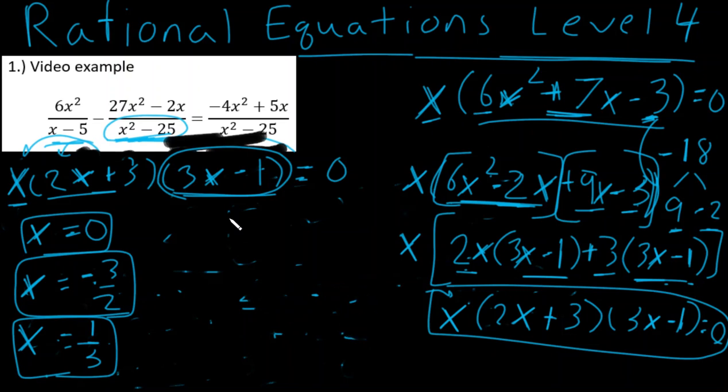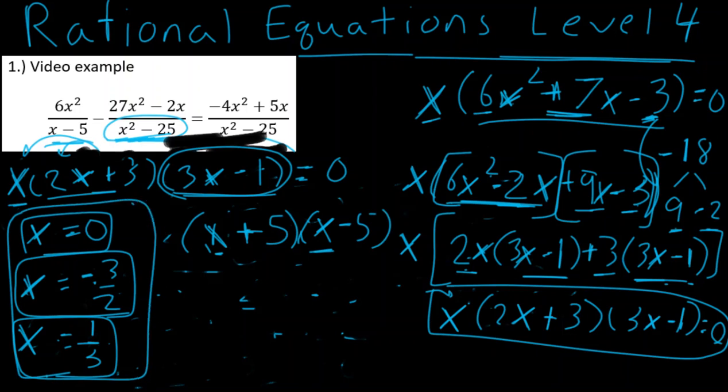We know that our original factors in the denominator were x plus 5 and x minus 5. Notice the only things that could possibly make these factors equal to 0 would be a negative 5 and a positive 5. And since none of these are positive 5 or negative 5, all three of these are valid solutions.